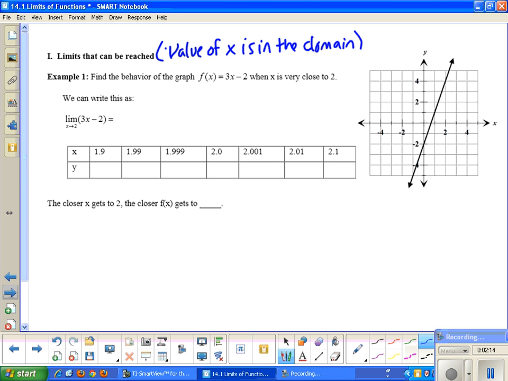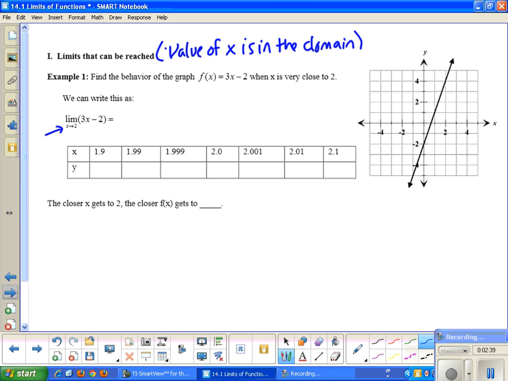So we want to find the behavior of the graph f of x equals 3x minus 2 when x is very close to 2. The way that we write a limit is as follows. The limit, and notice that underneath it's written smaller, x and that arrow means approaches. So the limit as x approaches 2 for the function 3x minus 2 is what we're trying to figure out.